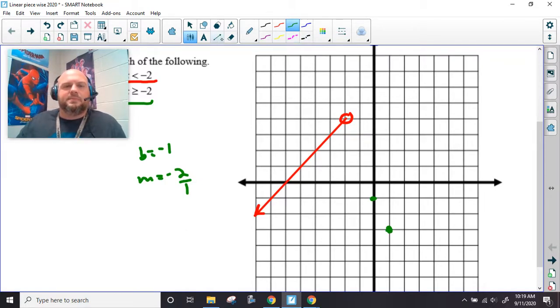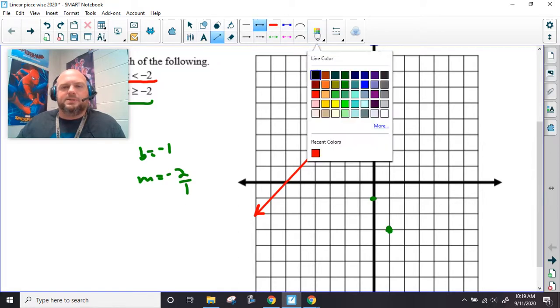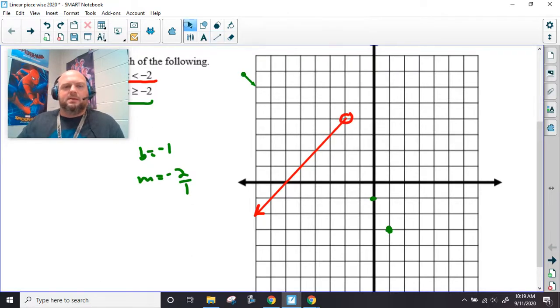Now, this time, I'm going to do one like this, and I'm going to make it green. I don't know if I can make it exactly the same green, but I can try. All right. So this is how this would look.